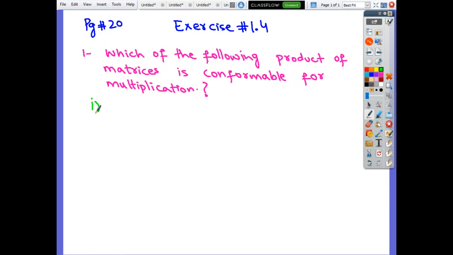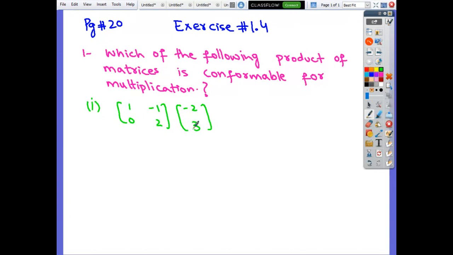The first part is 1, -1, 0, 2, -2 and 3. Here we don't multiply these matrices.